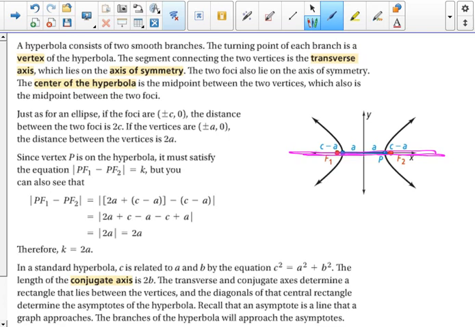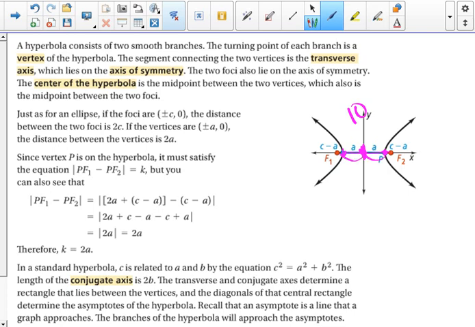The center of the hyperbola is the midpoint between the two vertices. So we go there and there. If they tell us that this is 10, then we know that the origin right here is your center, so that means this is 5 and that's 5.